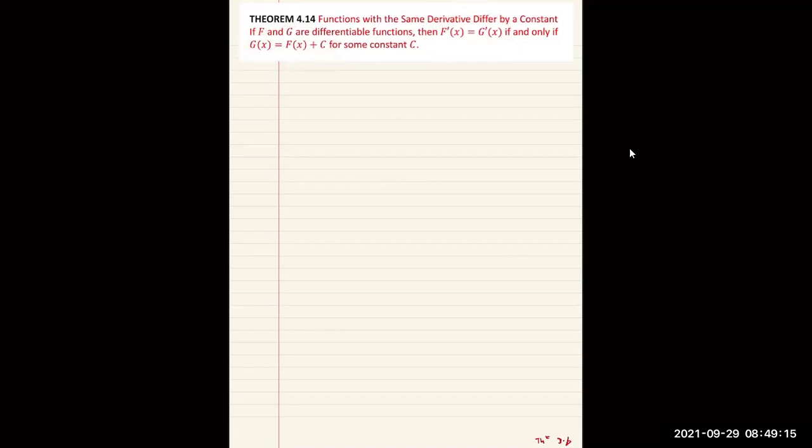Let's prove the forward direction first. That means if this one is true, let's prove that g of x is equal to f of x plus c. I will put this arrow to indicate the forward direction. Let f prime of x be equal to g prime of x, and we will show that g of x is equal to f of x plus c.